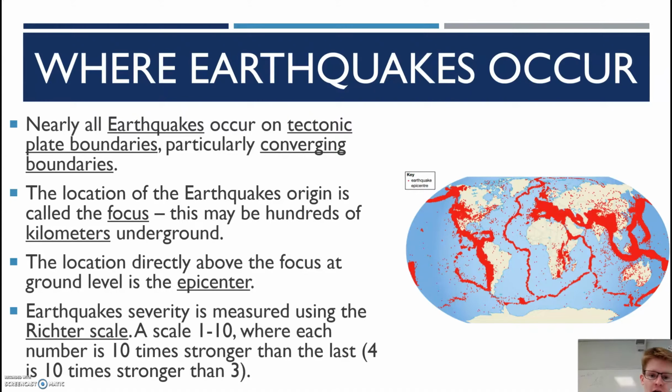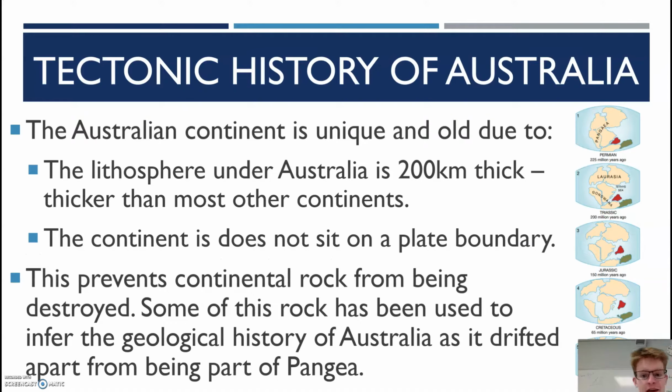In terms of here in Australia, we're pretty lucky. We live in the center of a tectonic plate, and we're on a continent, which means we don't get hotspots like Hawaii. So we haven't had as much tectonic history as some other continents. But we have seen Australia move over time. Australia used to be a part of Pangaea, a supercontinent. Then Pangaea broke up to be Laurasia and Gondwana, and we were a part of Gondwana.